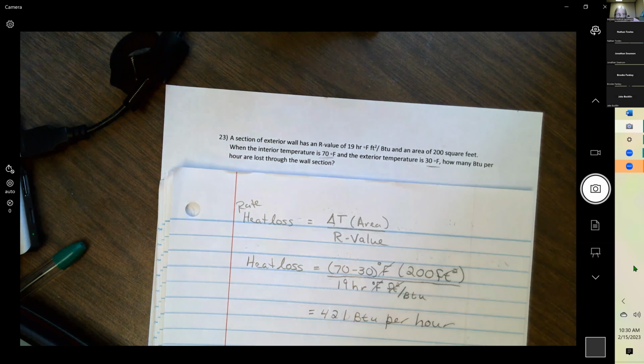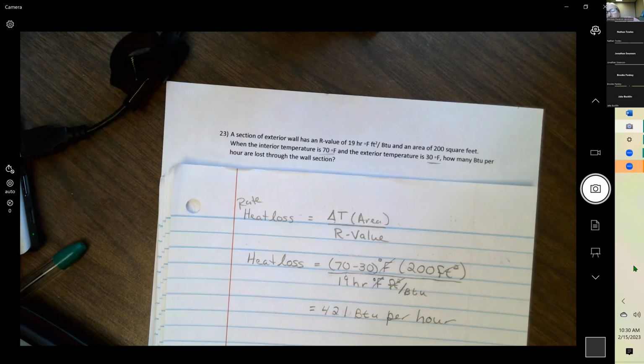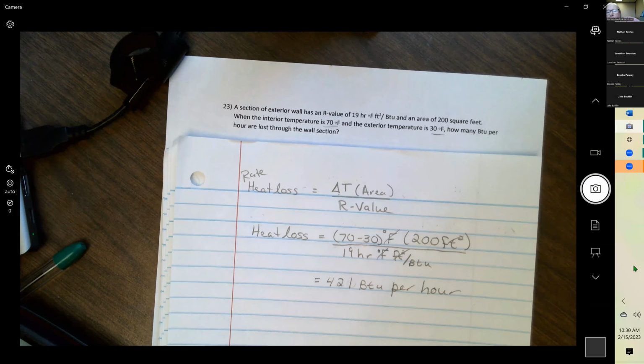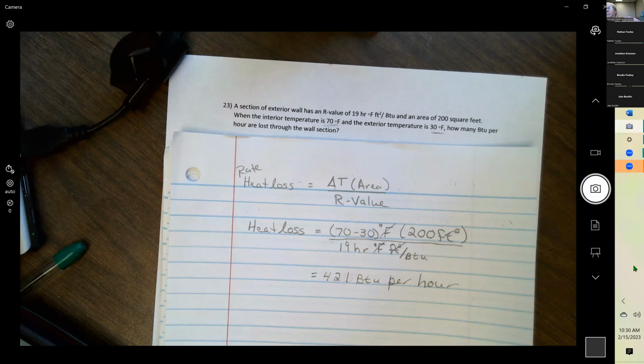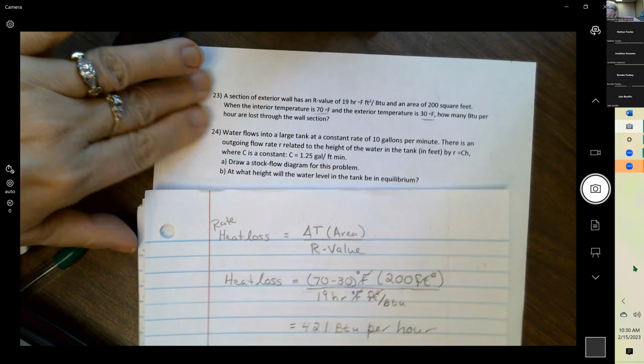Okay. So you're getting 421 BTUs per hour. That's how much heat is going through the R rating of 19. Any questions on that? So it sounds like that's one that needs more insulation. Any questions?